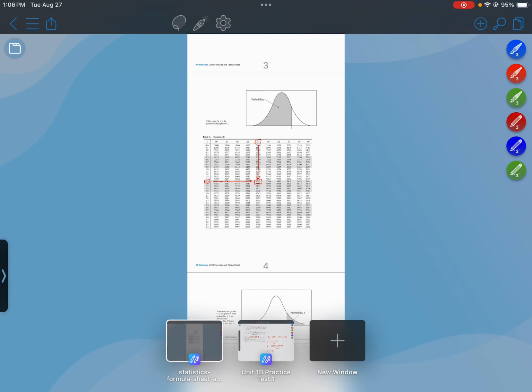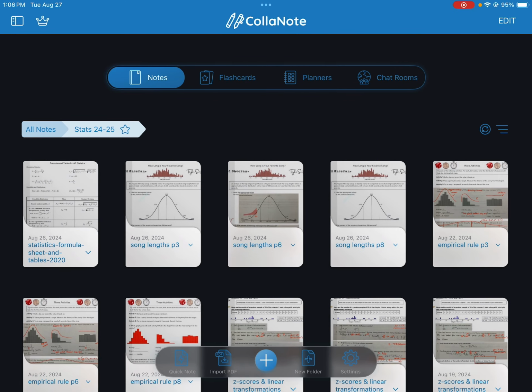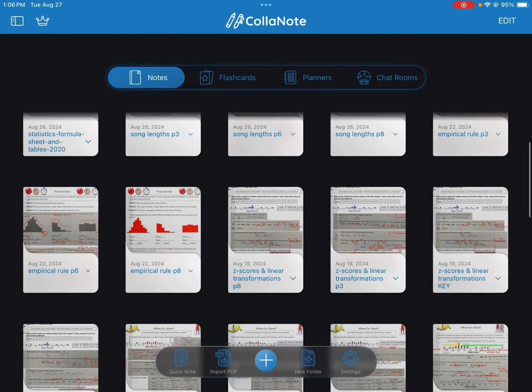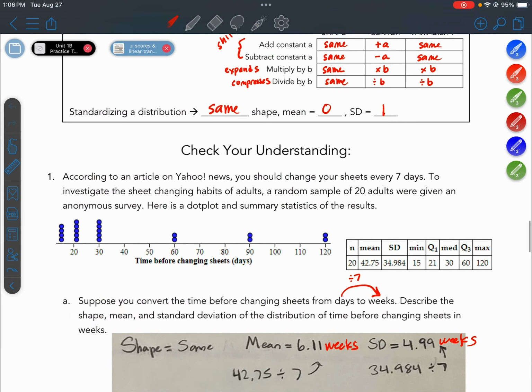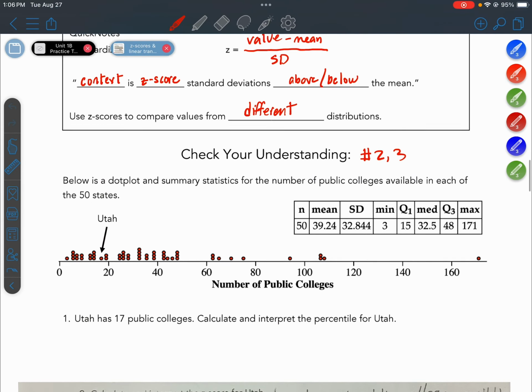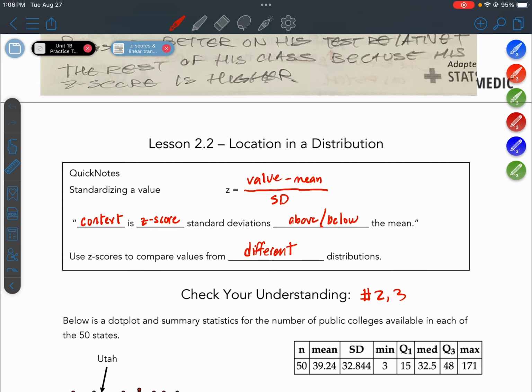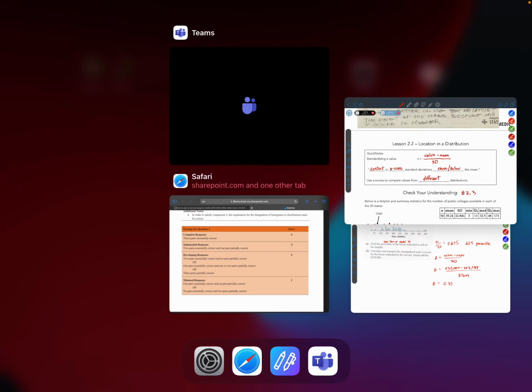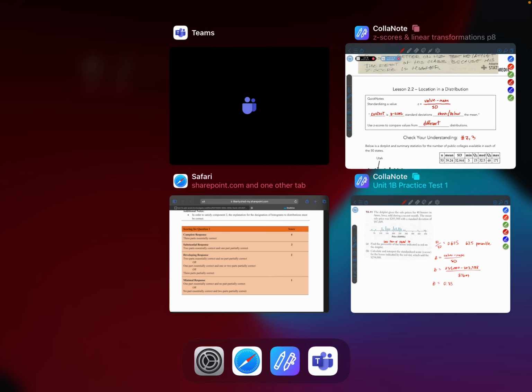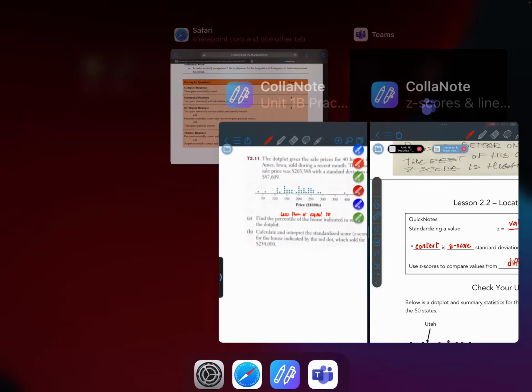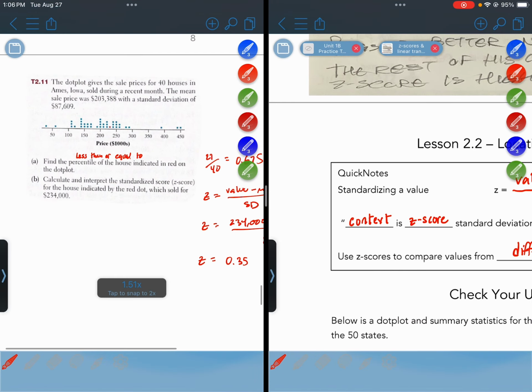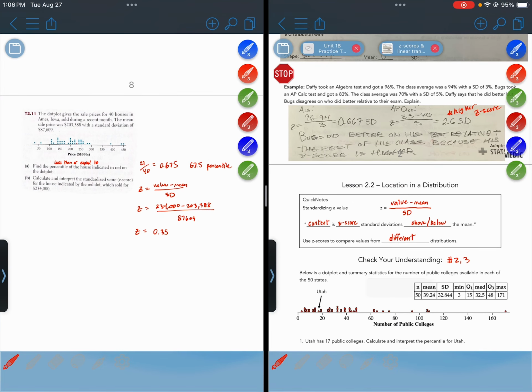Let's go here. We'll find the activity, z-scores, this one here. Right, so the interpretation is going to sound like this.